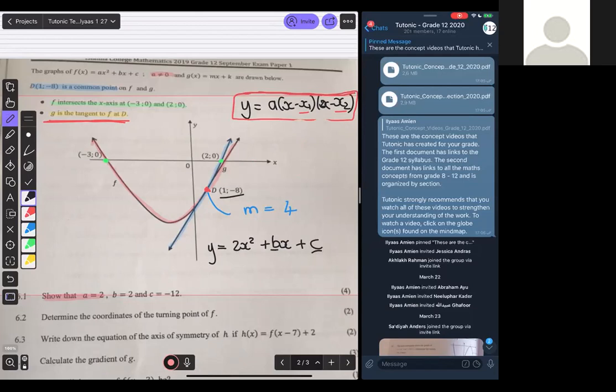So I mean, you can also just sub in and see what you get, and see what other equations you can. You've got a point there. You've got a tangent. You could find the derivative possibly if you don't know the gradient. Okay.